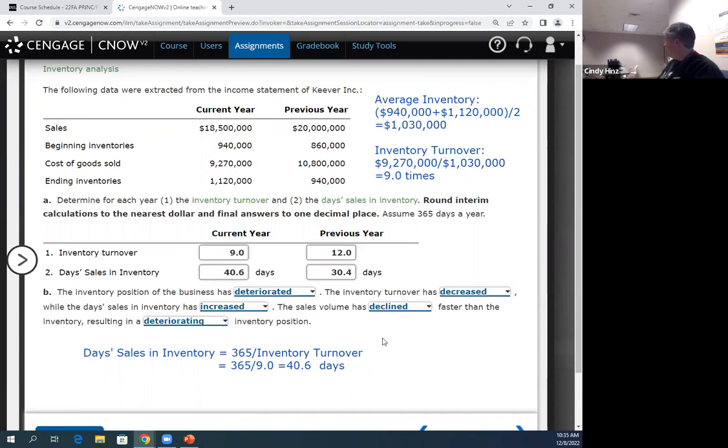And so it's one of the issues, not to get too far afield, but that's one of the issues with economic recovery. Usually when the economy starts slowing down, we see this inventory buildup, like what is happening for Kiever Incorporated here in this exercise. And when the economy starts to pick up, the first thing that happens is businesses are able to sell down those inventories, get them back down to the prior levels.